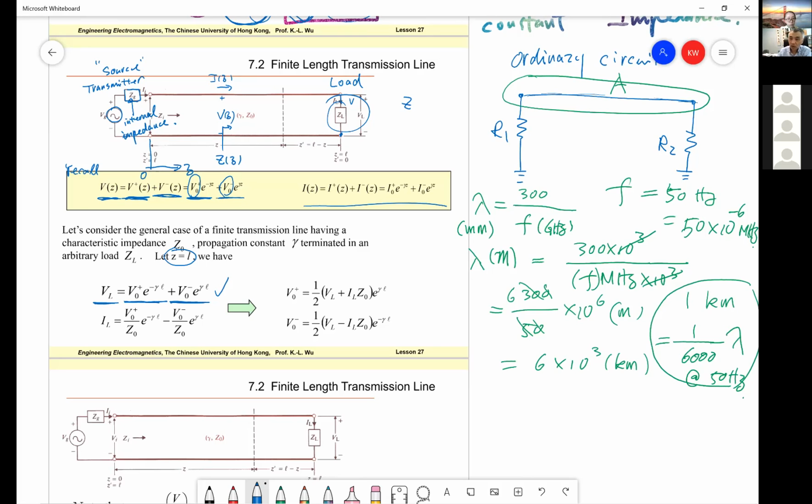And also the current at the load, we can represent this by voltage, and this is by minus, don't forget minus. So I replace these two currents.